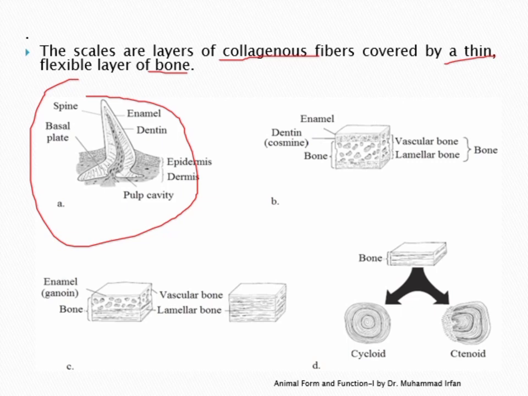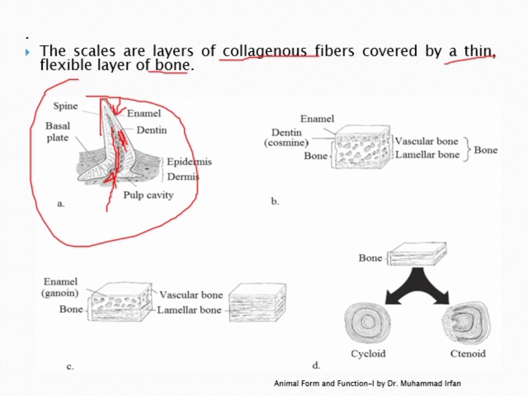The placoid scales are teeth-like, they are only present in sharks and rays, and these placoid scales have a pulp cavity, the central cavity, and it has the blood vessels and nerves, and on them there is a bony structure that is called dentine, and then on this dentine the enamel is present.